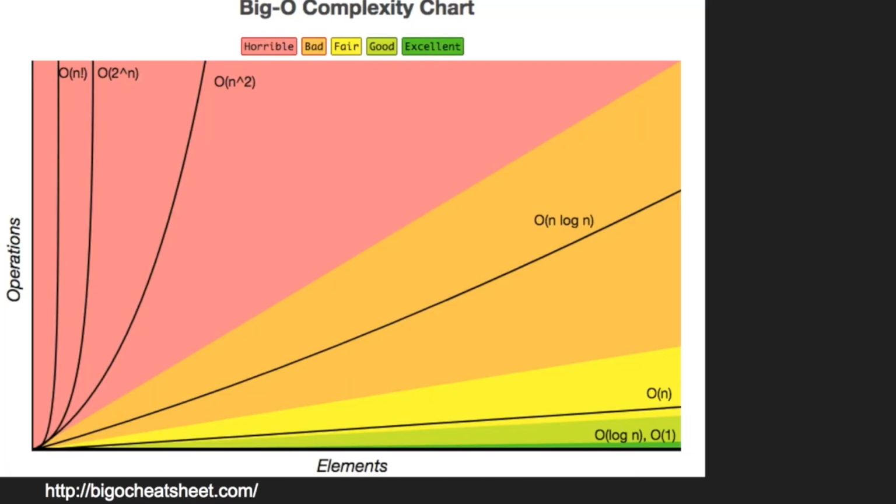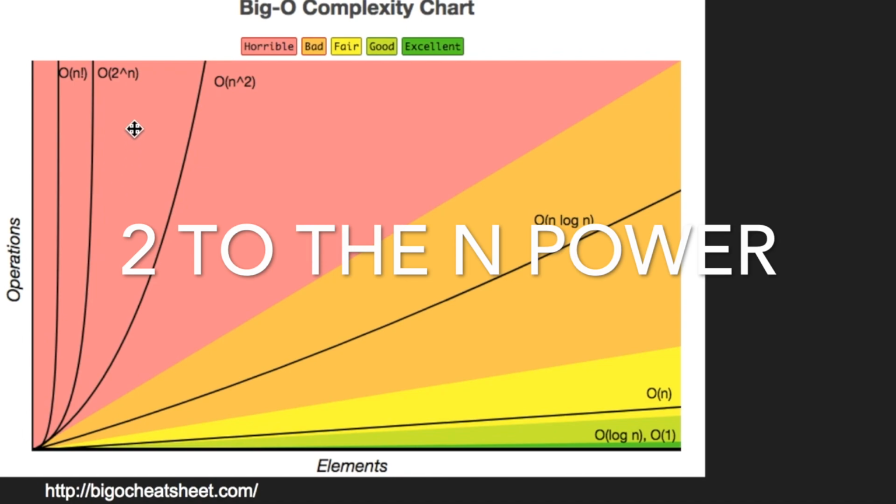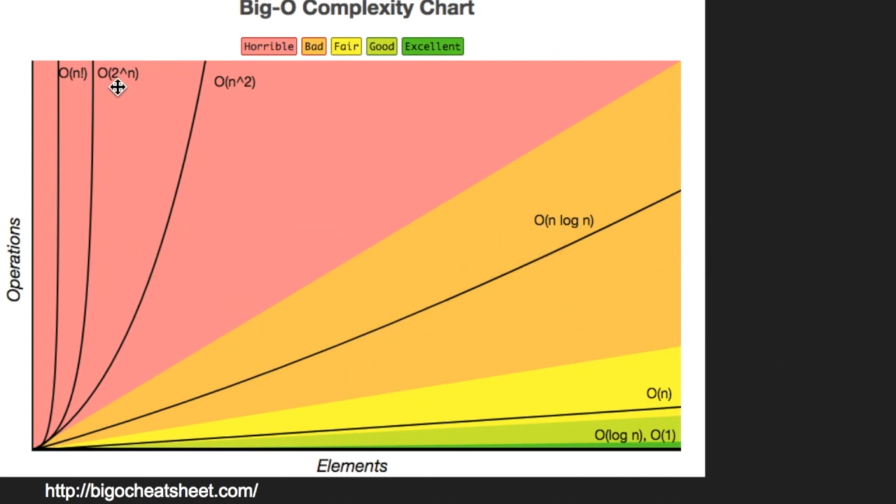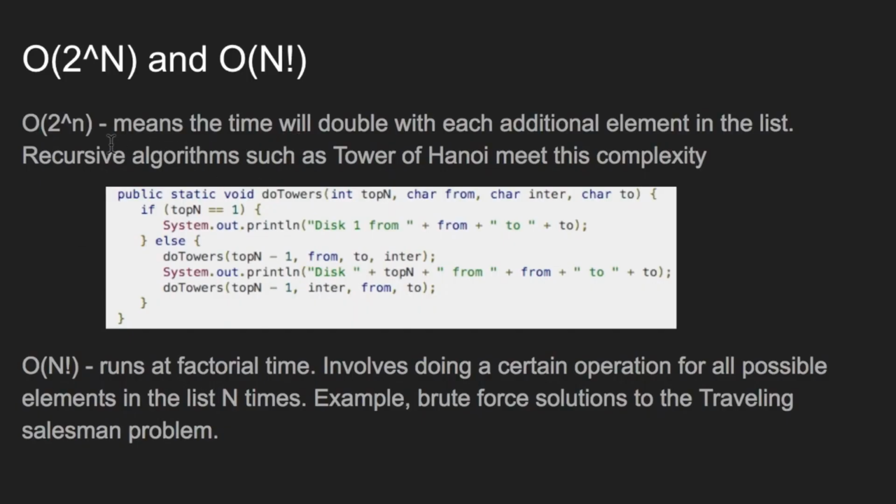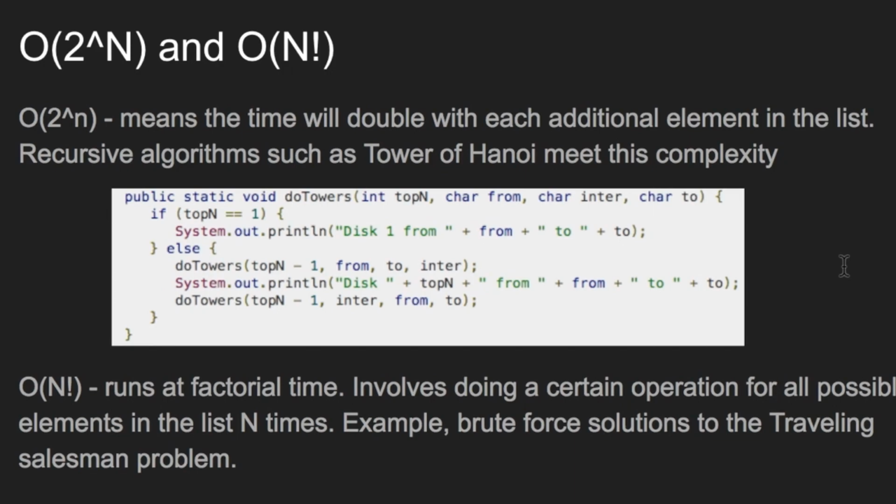So I mean, those are the major ones. The 2 to the n, you don't come across that one as much. That's more advanced algorithms, and n factorial is even more so. But I'll just give you a quick little definition of that. 2 to the n means that the time will double with each additional element in the list.